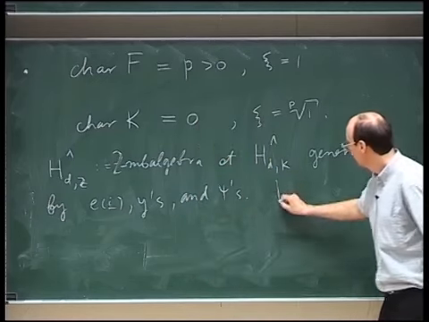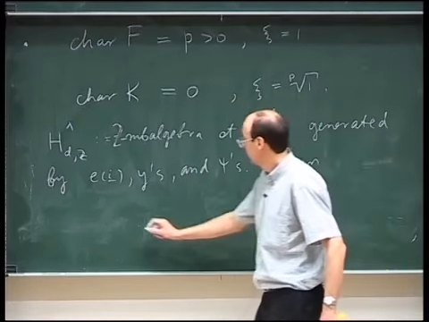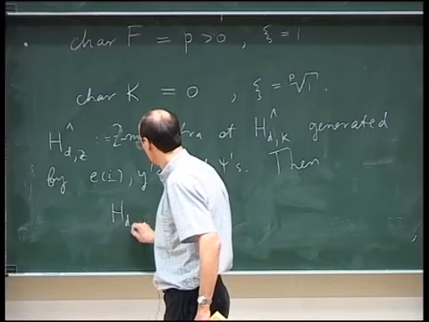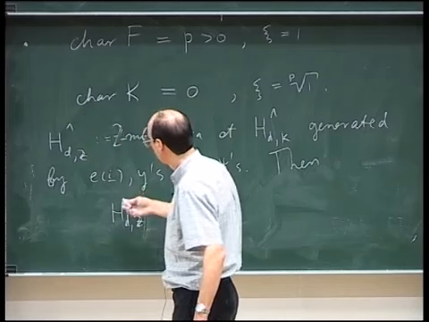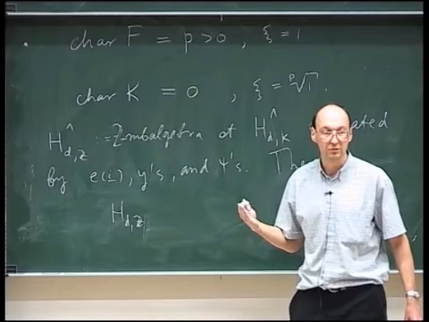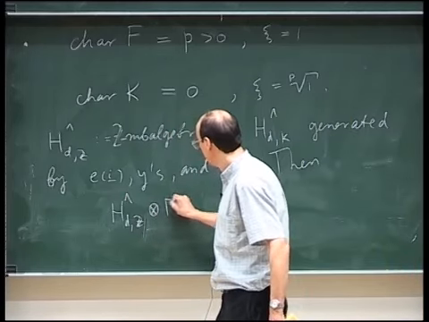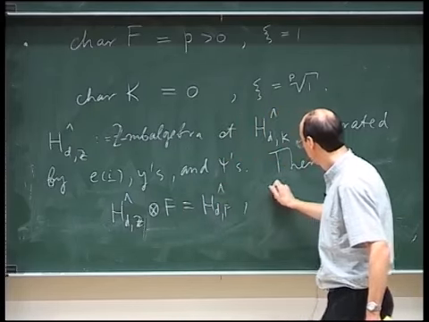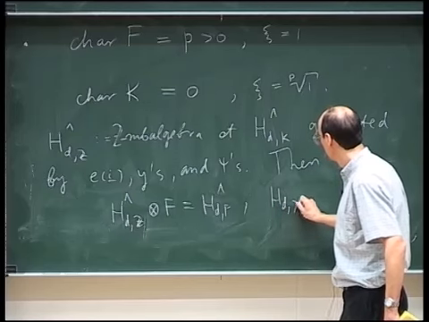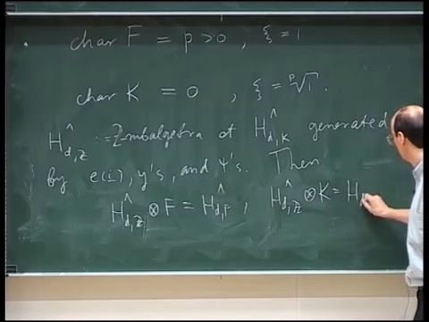Okay, so then one can check, and this is quite easy, that if I start with this algebra, and you see I don't have to specialize psi to anything because there is no psi left. So all I'm doing is just tensoring with F, and I claim I'll get my H^d_F. Or if I'm tensoring with K, I'll get my algebra over K.